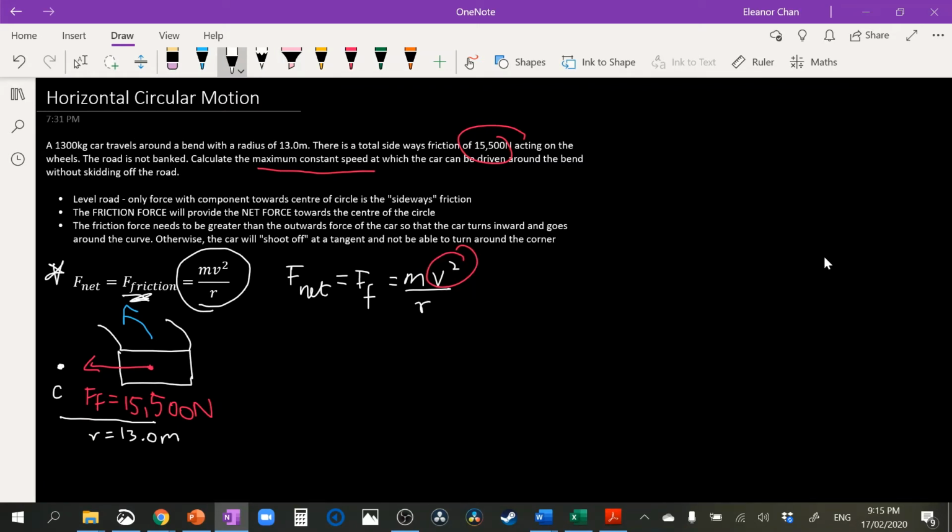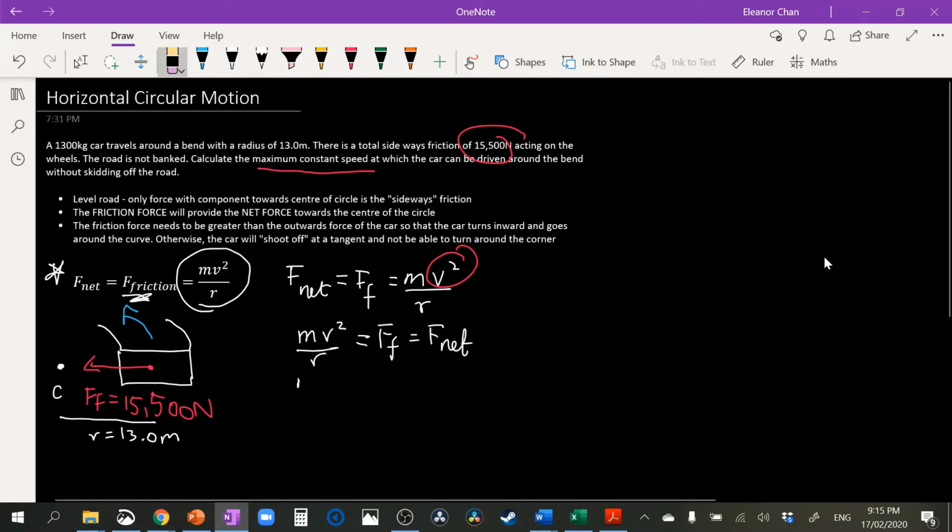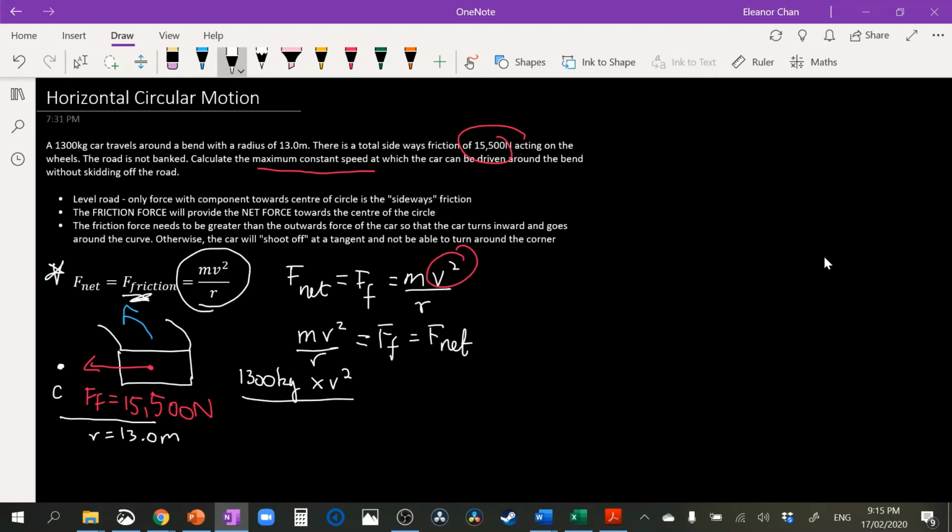Alright, now I'm going to rearrange this and put mv squared on r on the left hand side, and it's equal to our friction force, and that's equal to our net force, just so we remember. Now our mass is 1,300 kilograms. The v squared is what we're solving for, and our radius in the denominator is 13.0 meters.